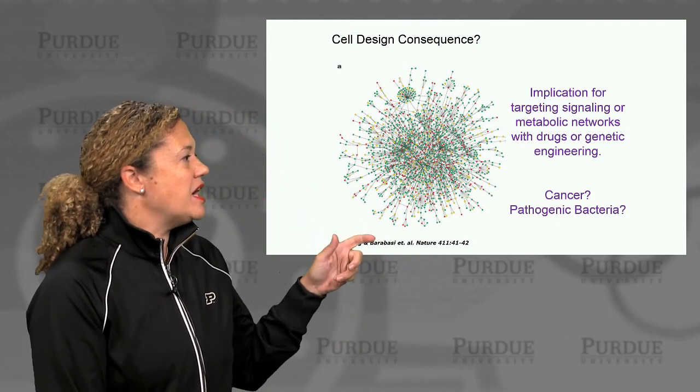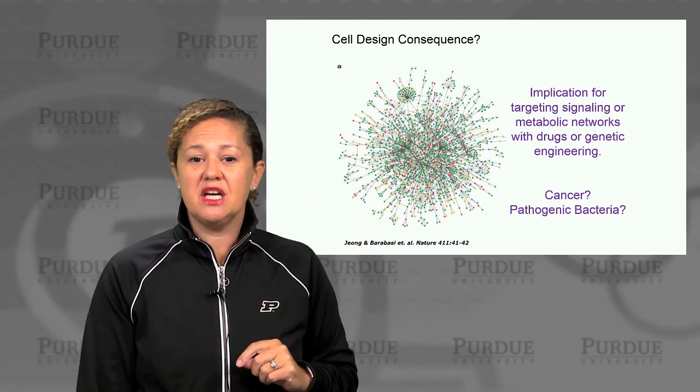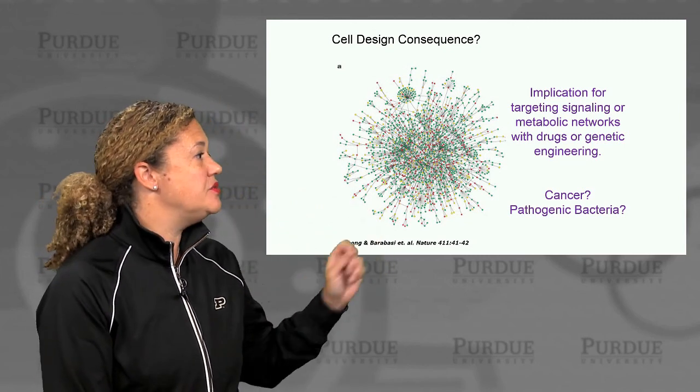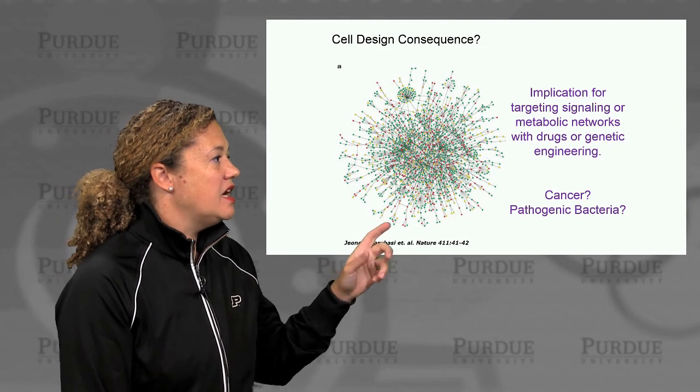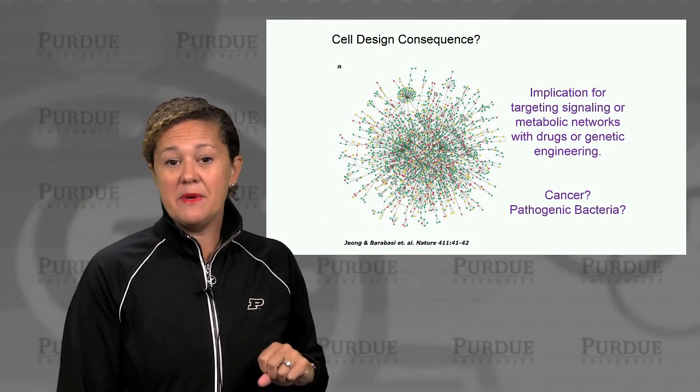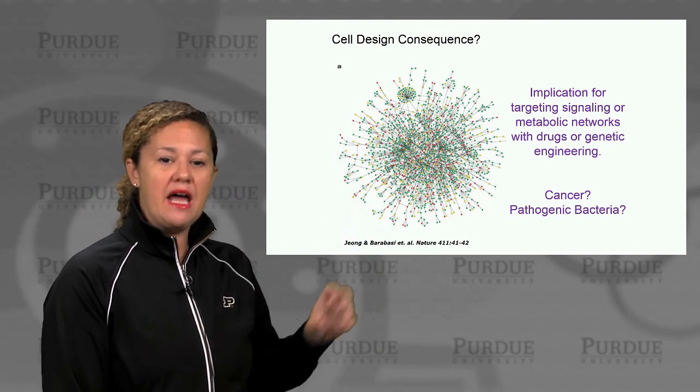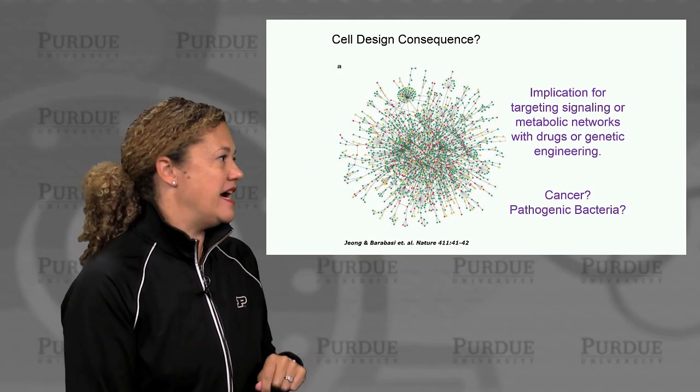So this structure has some implication for how we might do that in targeting our signaling system or our metabolic system as a full network and considering all of the interactions.